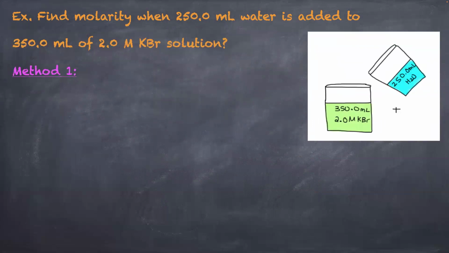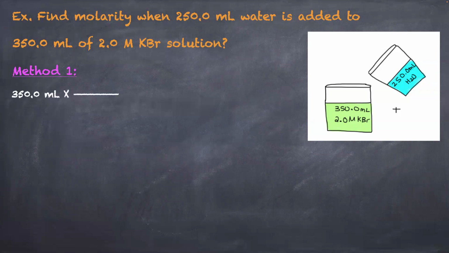One method is to first find the moles of KBr that were in our original solution before we added water to it. It's going to stay the same amount anyway, because once you add the water, the amount of KBr is still going to be the same, because the other container has only water.